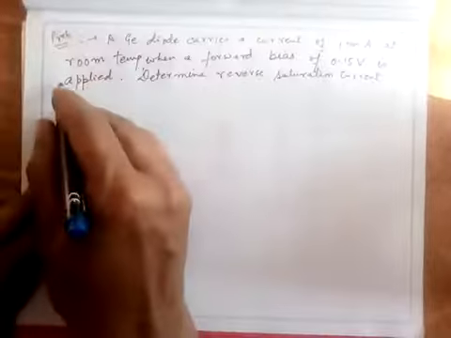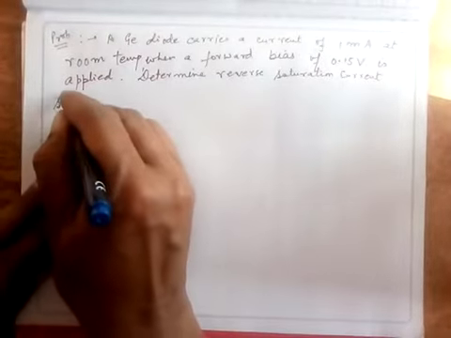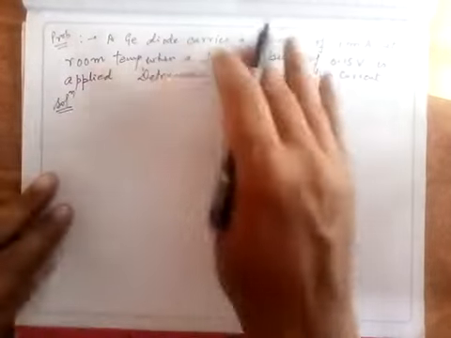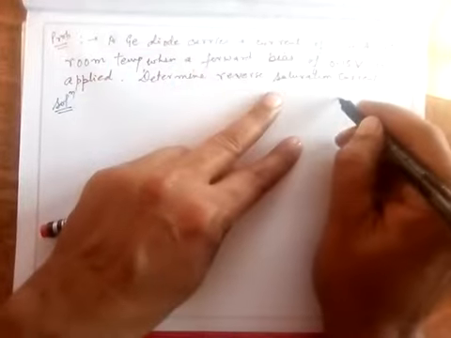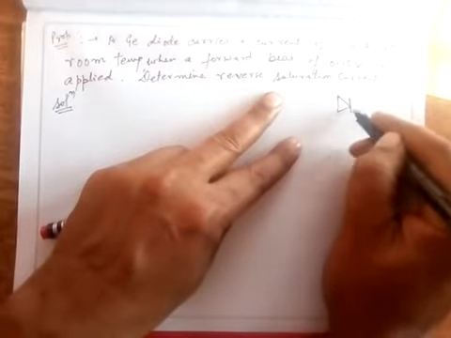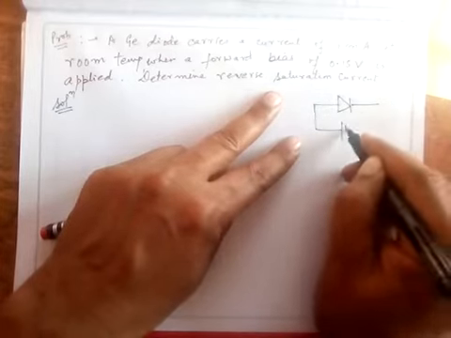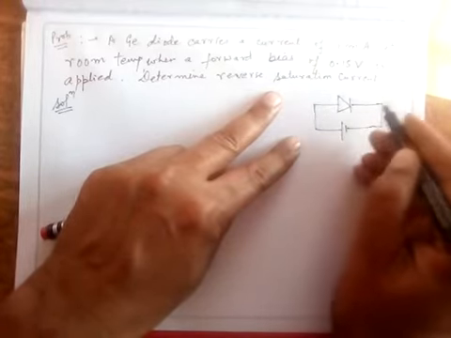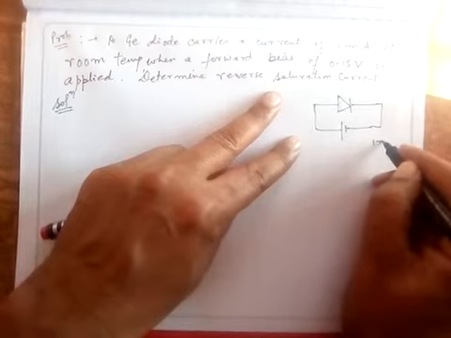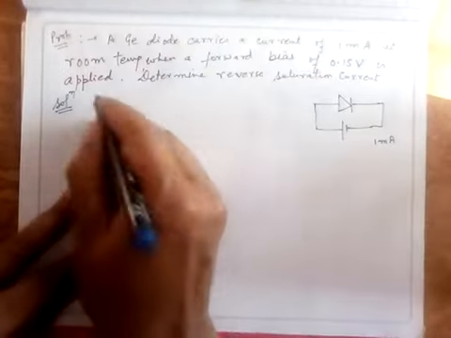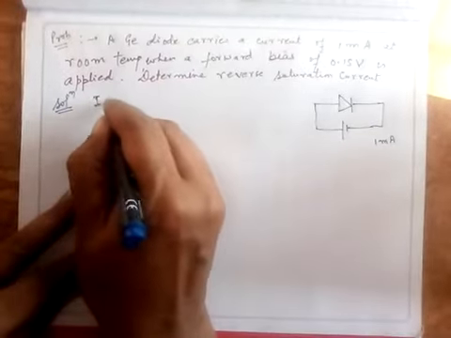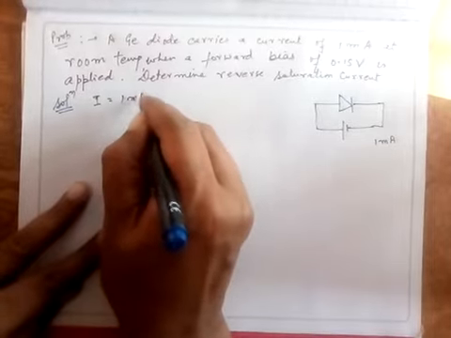Now look at the solution. There is a diode which carries a current of 1 milliampere. I draw this: it's a diode here, and a current of 1 milliampere is flowing. That is, this I is given to you, I is 1 milliampere.